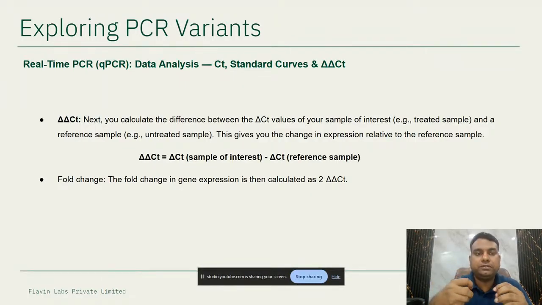In simple terms, for example, you are experimenting with some disease resistance. If your particular gene of interest has a higher delta CT or fold change than your control sample, then you will say that yes, this particular gene is higher, so it is corresponding to this.